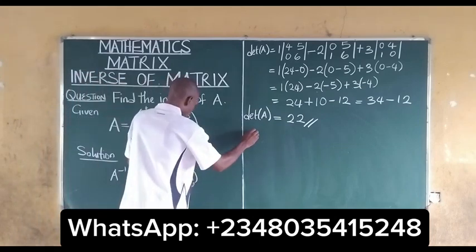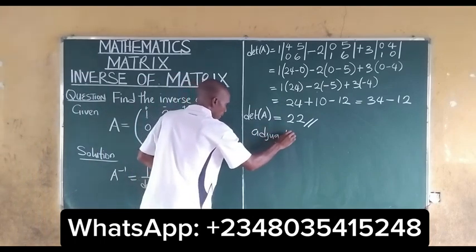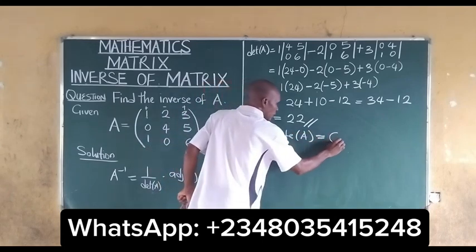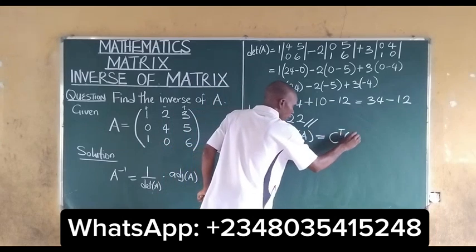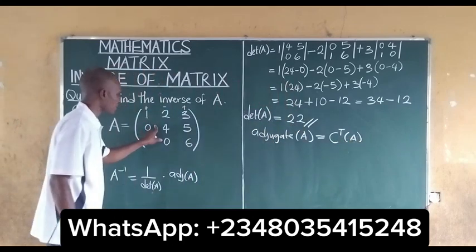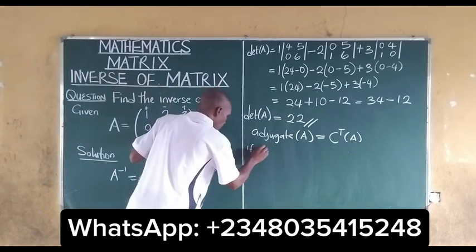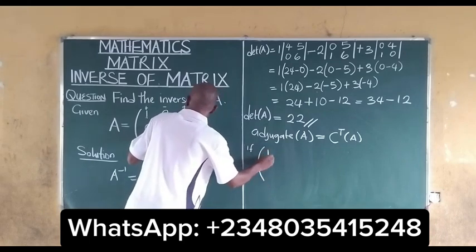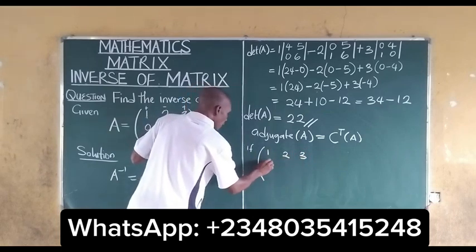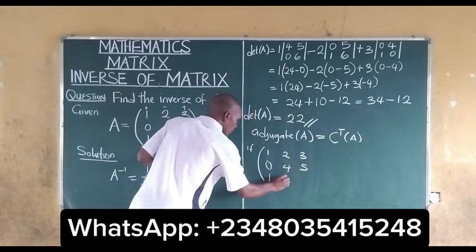The next thing to find is the adjugate of A. And we already know that the adjugate of A is equal to the cofactor transpose of A. Now, we have to write out the cofactor matrix of this matrix, that is 1, 2, 3, 0, 4, 5, and 1, 0, 6.